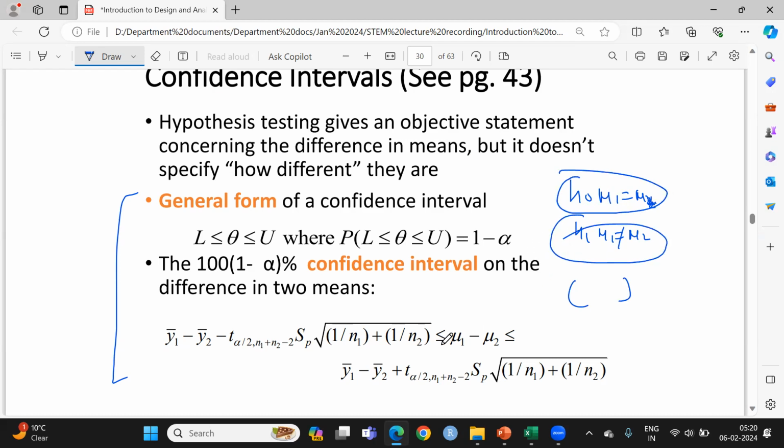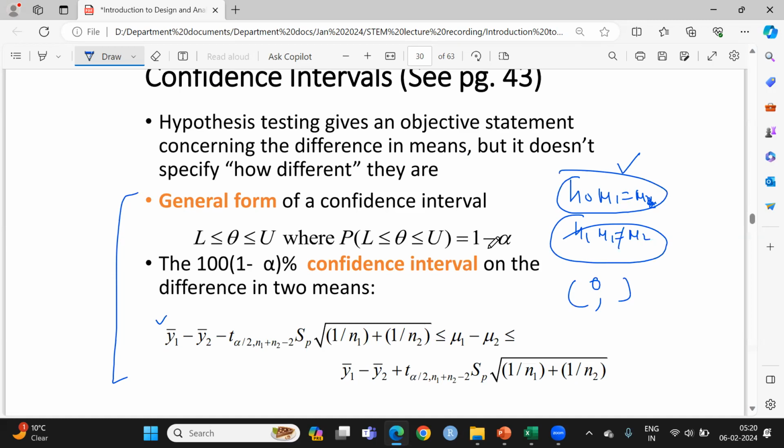In the confidence interval of the difference of the means of the two groups, if the value 0 lies in this interval, then we can say that our null hypothesis is correct. Let me again repeat.